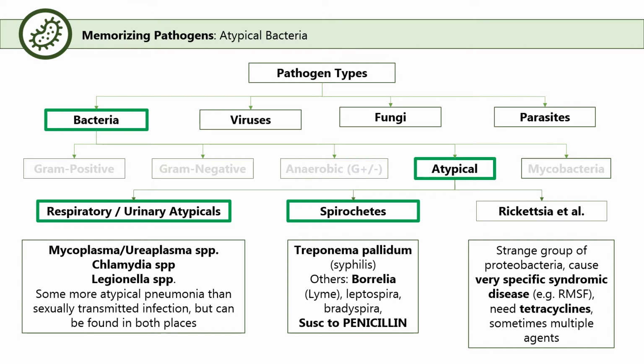Although there are many weird and wonderful atypical organisms, I would memorize one group in particular, the respiratory or urinary atypicals, since they actually cause relevant respiratory disease and are commonly found in the GU tract. The only three to memorize are Mycoplasma species, Chlamydia, and Legionella species. Other atypicals like spirochetes, rickettsia, and others typically warrant an infectious diseases consult service to manage.